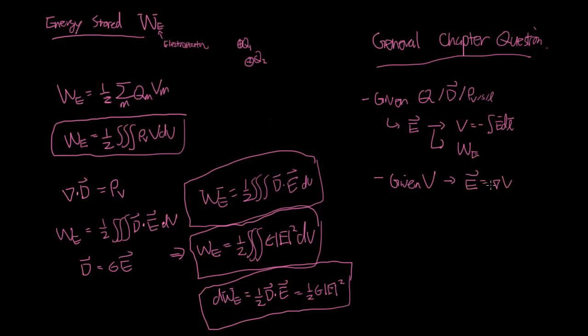That's right, it'd be negative the gradient of V. So you just take the gradient of the potential that you're given in order to find the electric field. And then once you have the electric field, similar to the previous question, you might be asked to find the energy density. So this would be the general workflow that uses all of the concepts that we've learned in both the potential chapter and the electric field chapter.